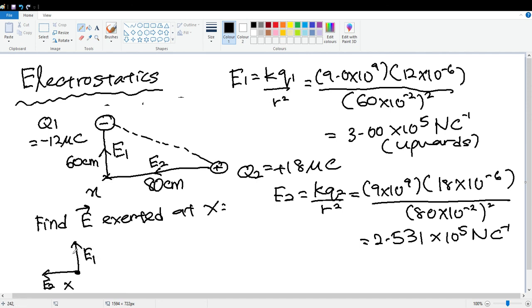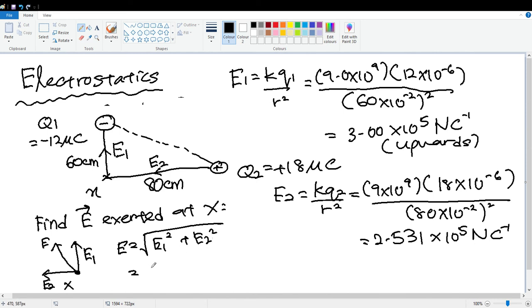As we can see, E1 and E2 form a horizontal component and a vertical component, which construct the resultant electric field. The resultant electric field is equal to the square root of E1 squared plus E2 squared.